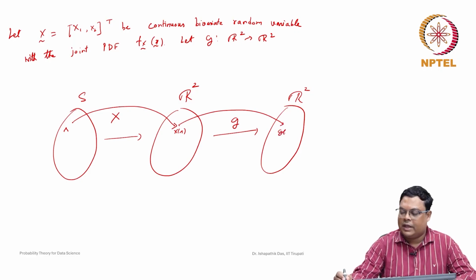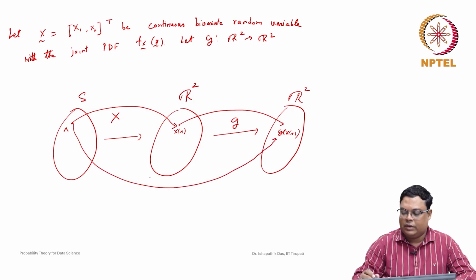So g of x of s, this composite function, is the transformation y of s. It will be a vector, because it is a bivariate random variable. This is nothing but g of x.